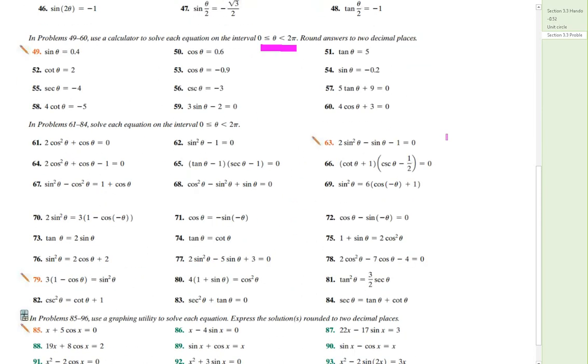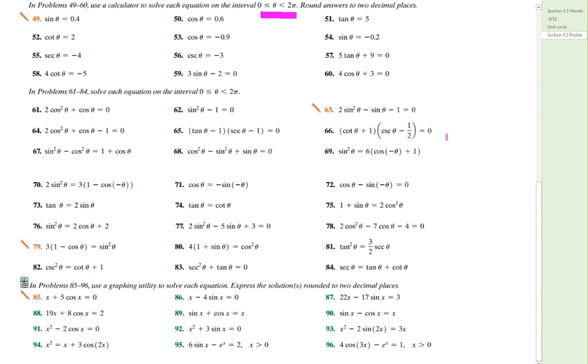I said 44, I lied. Which one do I want? I want 50. No, yeah, let's see. Oh, 62, my bad. So 62 here. 2 cosine squared theta plus cosine of theta minus 1 equals 0. So this one right here, let me copy that down.